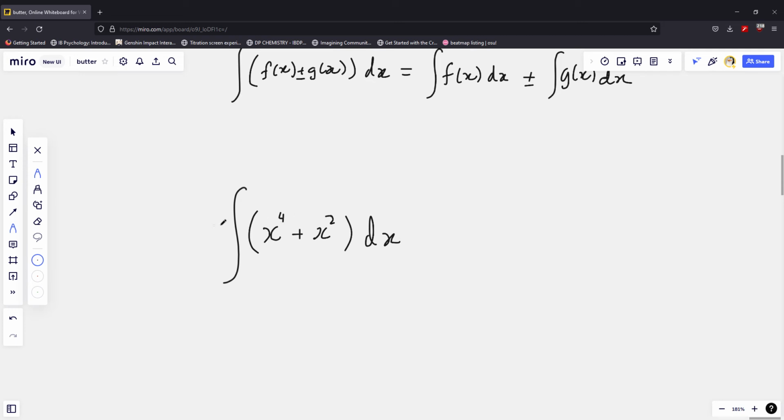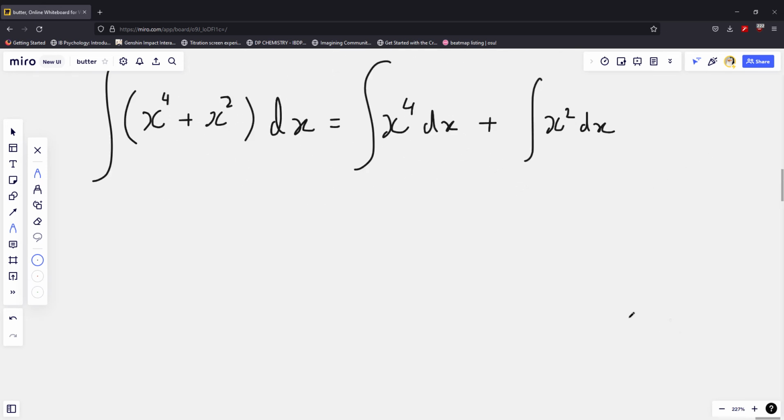Well, you could split up the integral into two separate pieces. We're going to take the integral of x to the power 4 by itself and add that to the integral of x squared. Now let's work through this. What does this integral become? Take a moment, pause the video, and see if you can figure that part out.